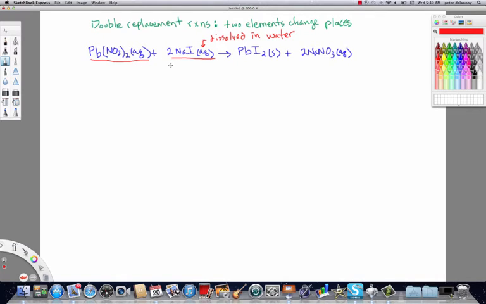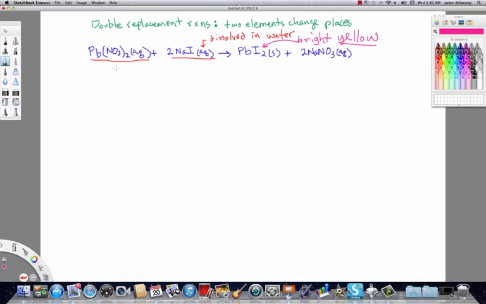So what makes this one unique is that iodide is considered a qualitative test for the presence of lead, and the precipitate that forms is actually bright yellow. I'm going to label that. This solid that forms here is bright yellow or even neon yellow. It's a very, very obvious solid that forms that's unique by comparison to others.